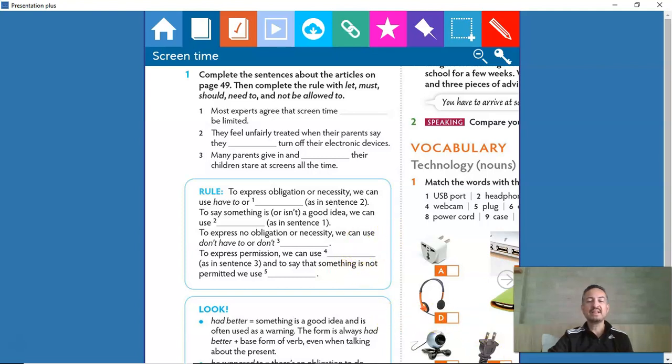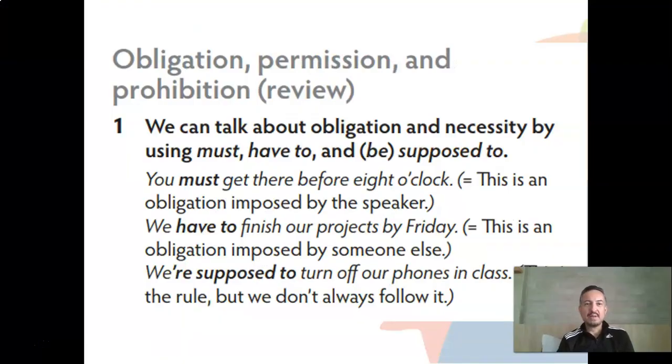So let's see here a grammar explanation about this. Here is the grammar explanation about obligation, permission, and prohibition. Number 1, we can talk about obligation and necessity by using must, have to, and be supposed to.